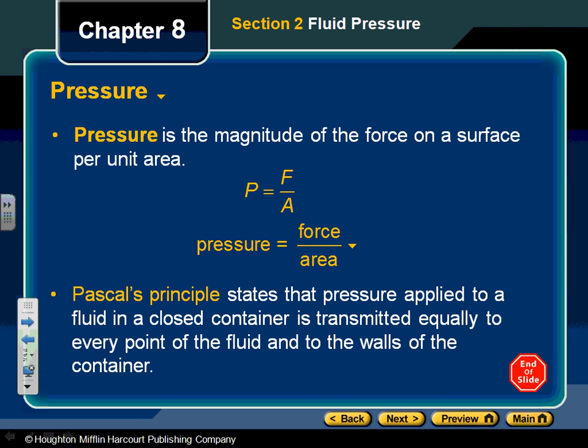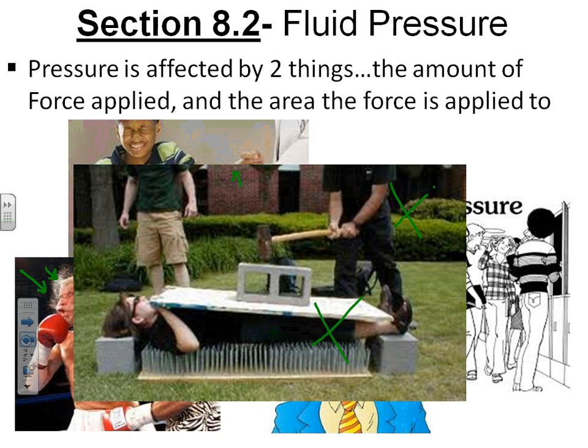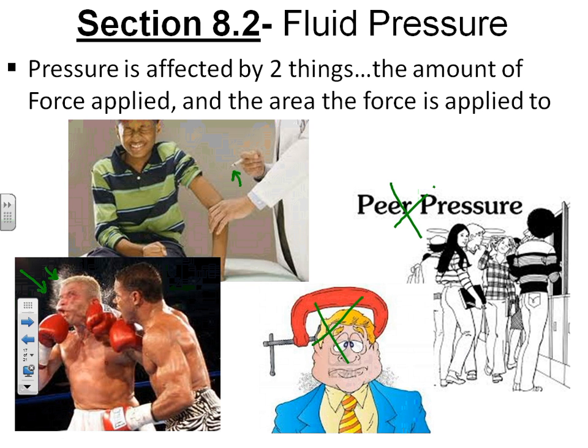Because the equation for pressure is pressure, which is another P, is equal to force divided by area. So the greater the force, like the punch, there's a great force applied from the punch over a larger area.